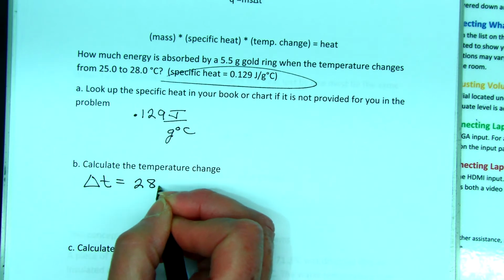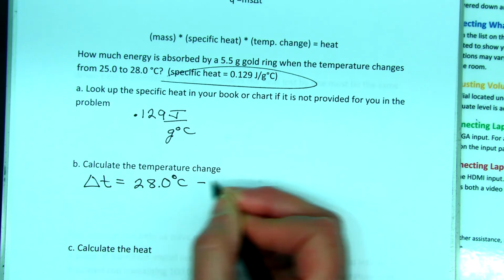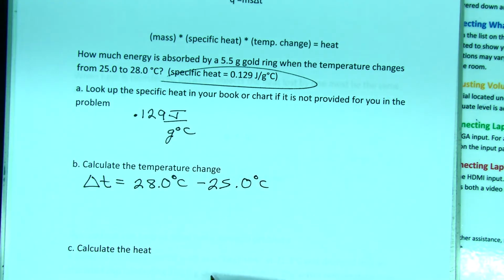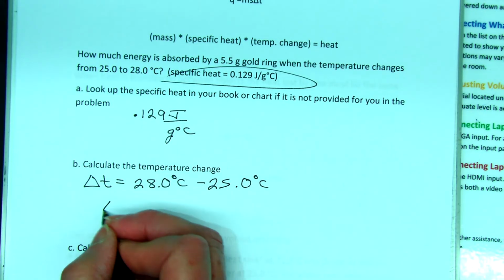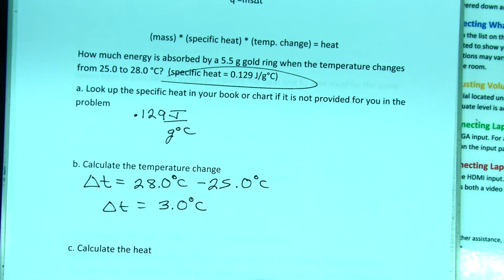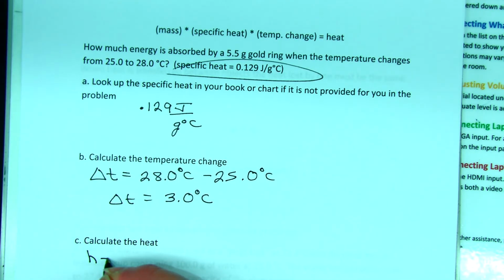The final temperature is 28.0 degrees C minus 25.0 degrees C. So my temperature change, delta T, is 3.0 degrees Celsius. Now we calculate the heat.